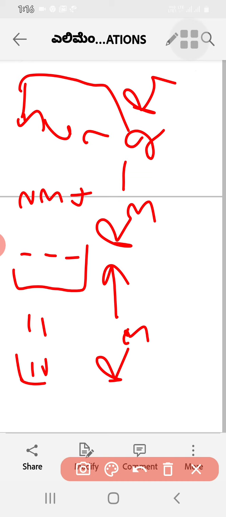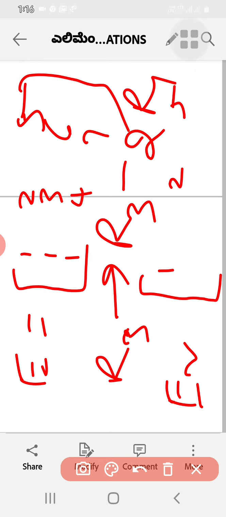Then this matrix transforms into, the first row remains the same, the second row remains the same. Then what is the element I have to write in the third row here? We have shown on the previous page, 1 minus 2 into 1, that is 1 minus 2, we got minus 1.